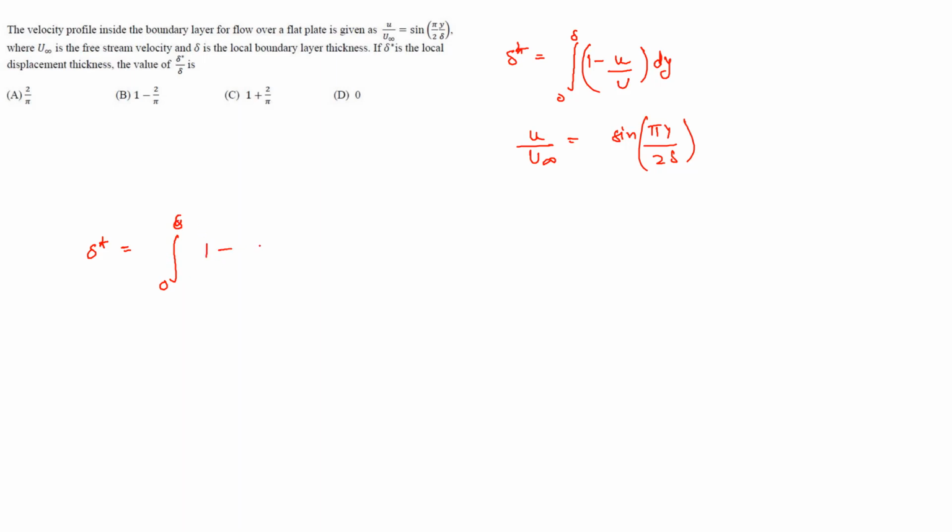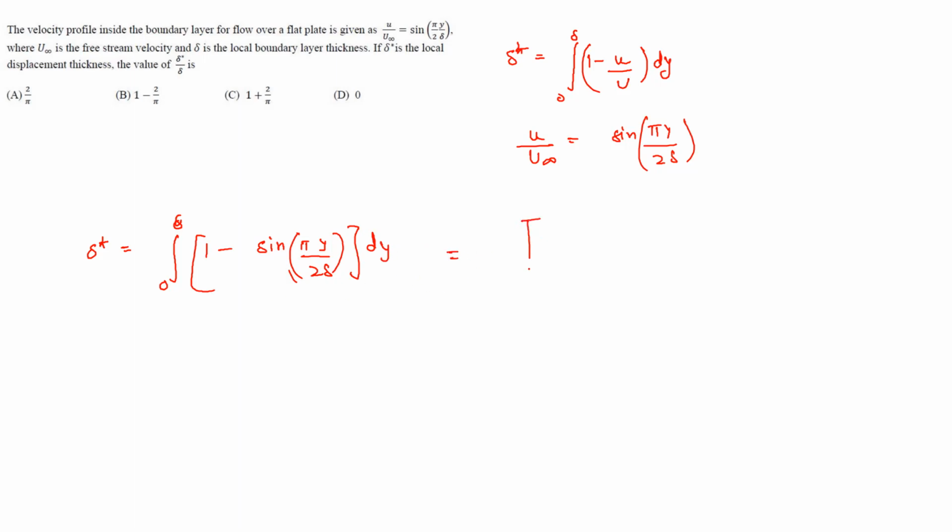So we are doing this 1 minus u over u infinity, which is sine of pi y over 2 delta, and this is integrated now.